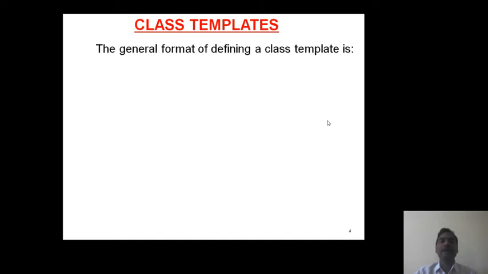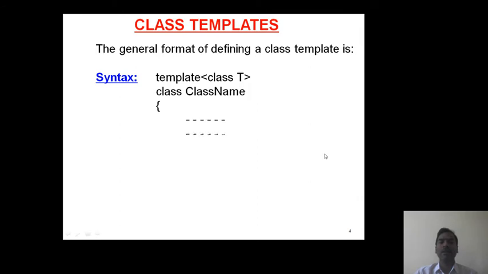The general format of defining a class template starts with the keyword template followed by, within angular brackets, class T. Here T specifies a generalized type, and then the class declaration format, like class name surrounded by a pair of braces in which we place data members and member functions.